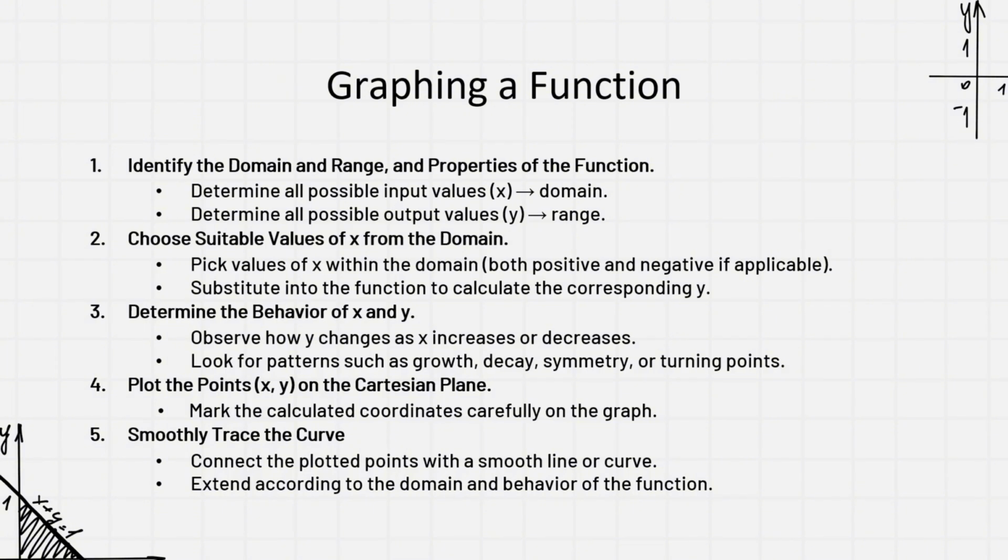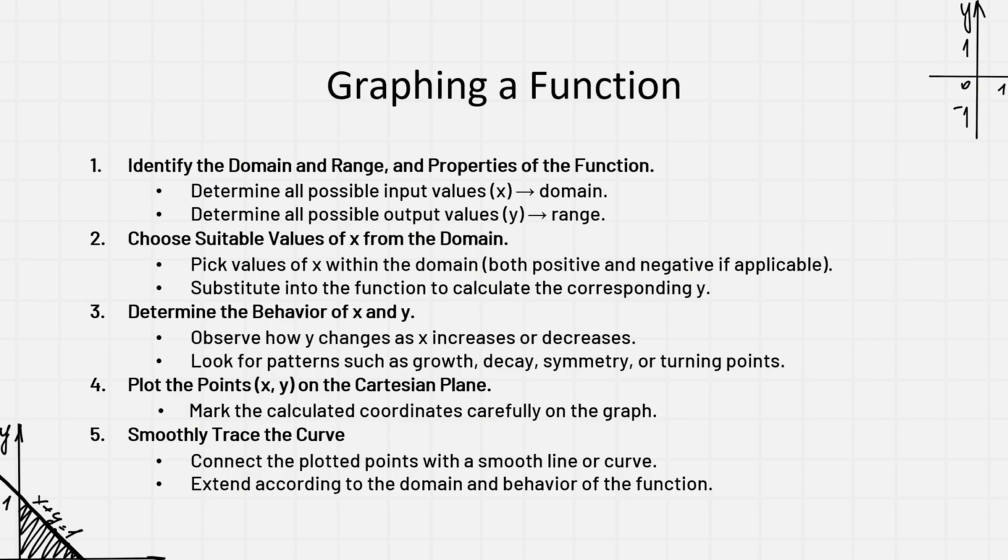After finding the domain and range, you can now proceed to graphing a function. This is the general way of how you graph a function. First, you need to identify the domain and range as well as the properties of the function. Once you know the possible input values and output values, you can choose values of x from the domain.